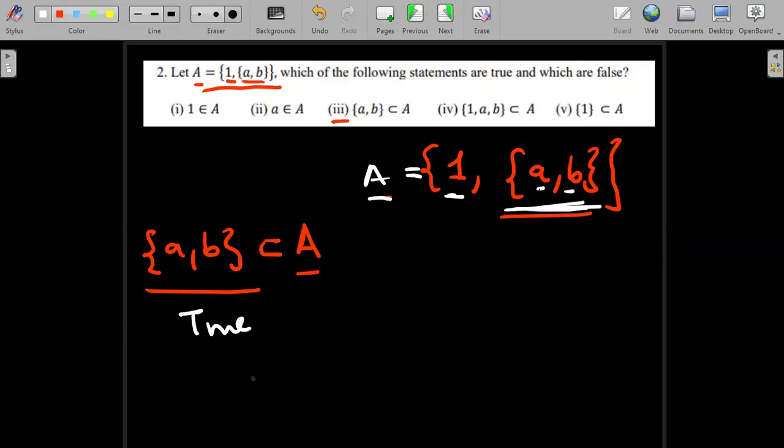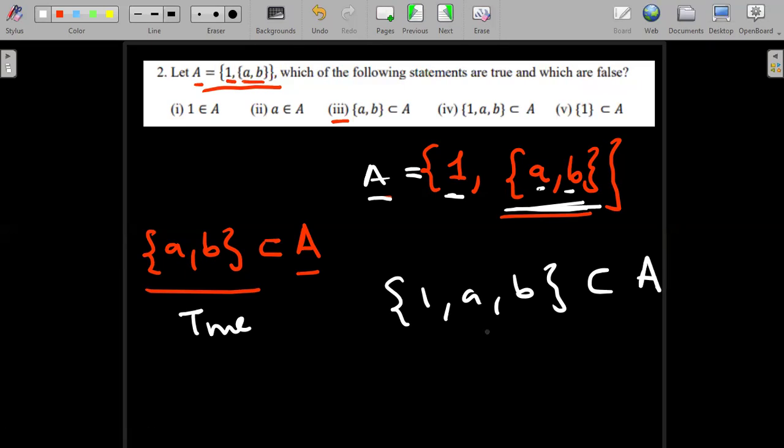Okay, let's move on to the next part. The next part has 1, A, and B like this, saying this to be a subset of A. So we can check this. Is this set here a subset of A?